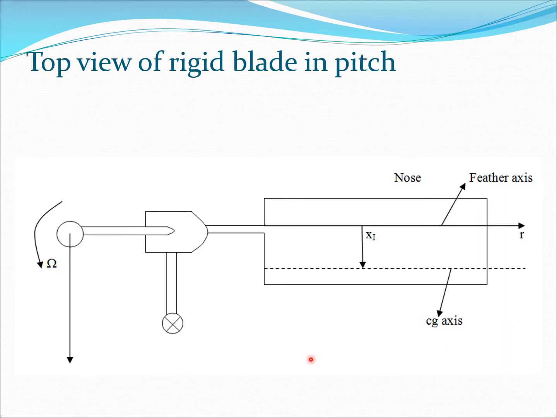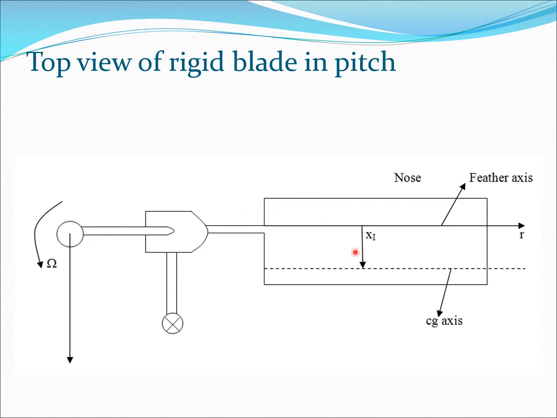Now this is a top view of the rotor blade in pitch. You can see here, this is the hub, there's the rotation happening here, this is the rotor blade, and here this is the feathering axis, and the blade essentially pitches around this feathering axis.